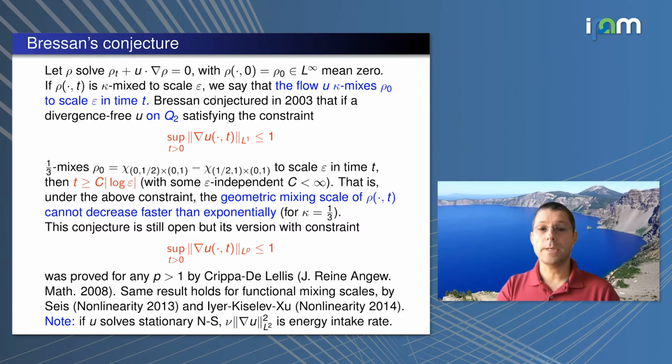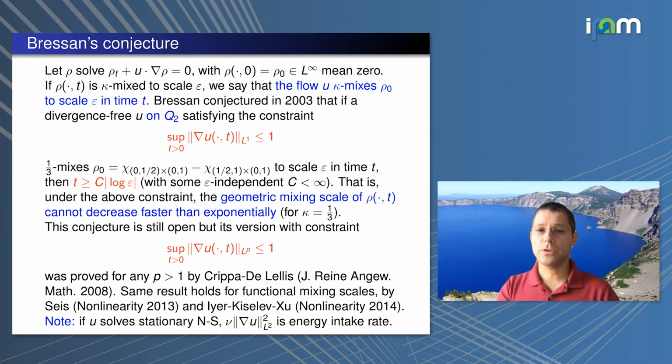Then you have some flow, and your solution of the transport equation is kappa-mixed to scale epsilon at time t. For some kappa you pick, let's say kappa is just 1/3. So you say the flow kappa-mixes the initial datum to scale epsilon in time t.